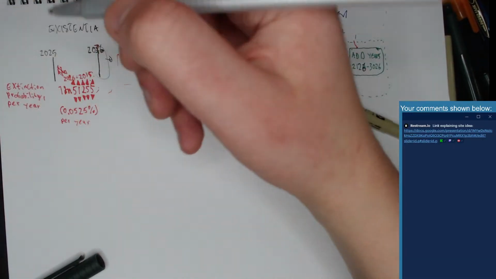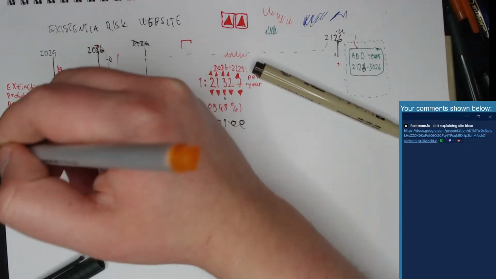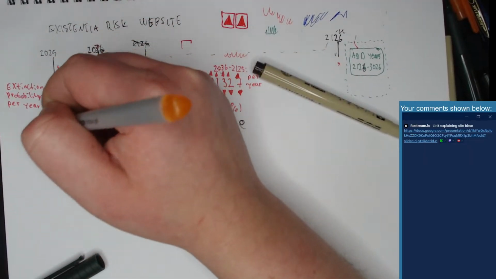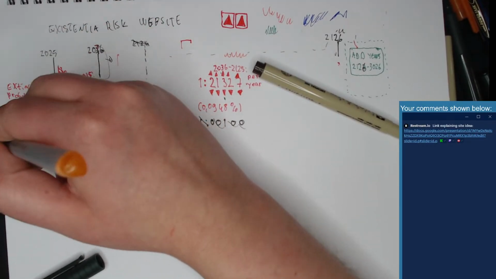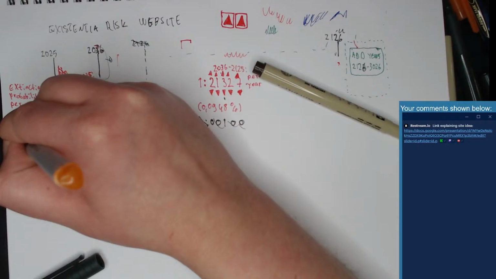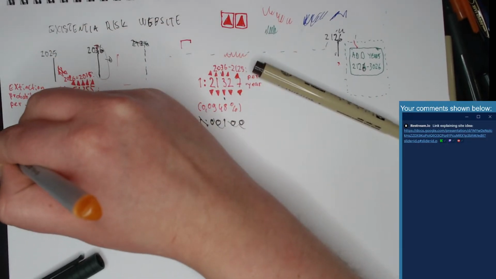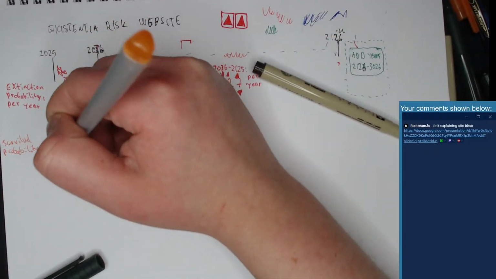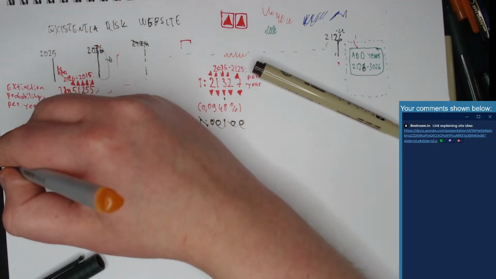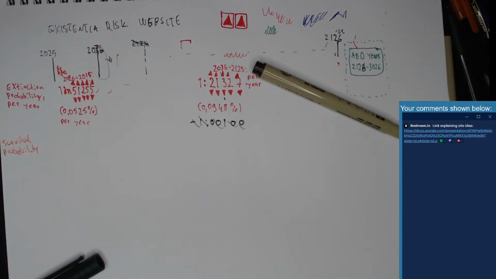So then we would have another variable here. I've used too much of the space here to the left. So survival probability. So what term did I use there?